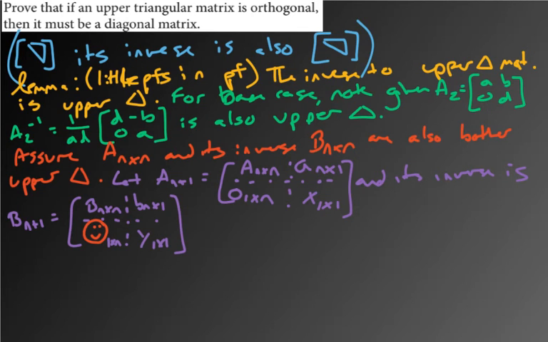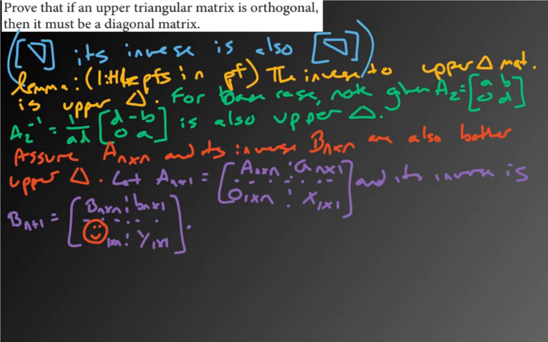Okay, good. So now what I'm going to do is show that actually my evil smiley face has to be 0. And so basically that matrix has to be upper triangular, right? So to do that, I'm going to just start by multiplying.